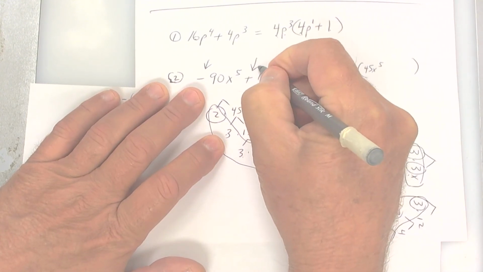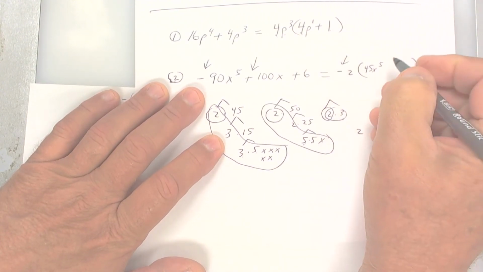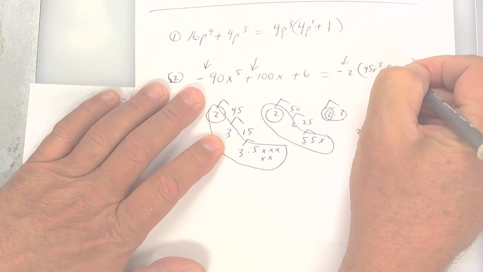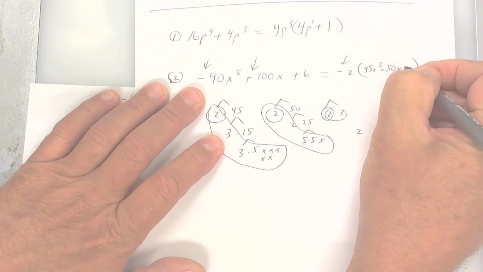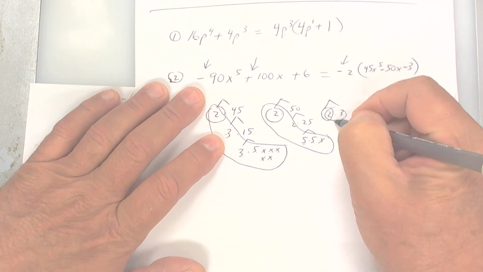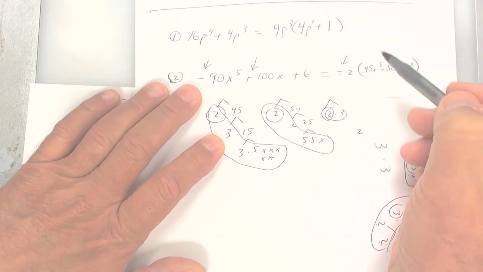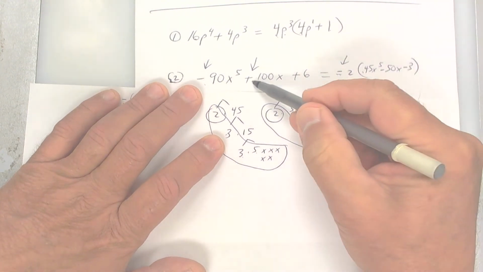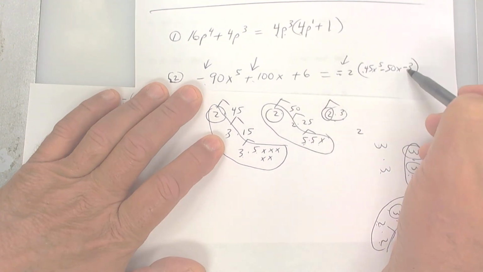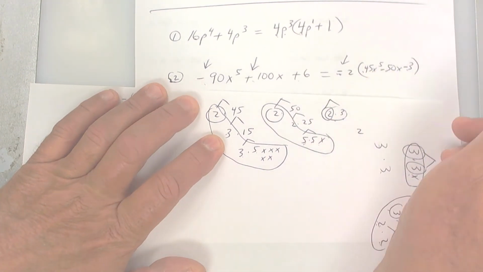But you got to change that sign because you pulled the negative out, so put minus 50x. And change that one to a minus 3 because that's all you have left. A negative times a positive is a negative. A negative times a negative is a positive. And that's how you do it.